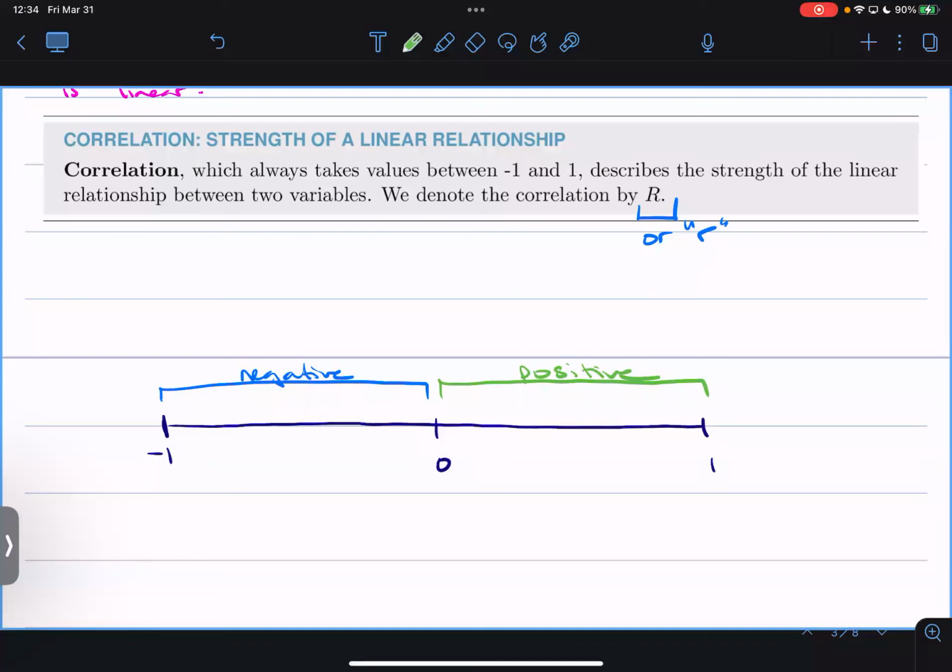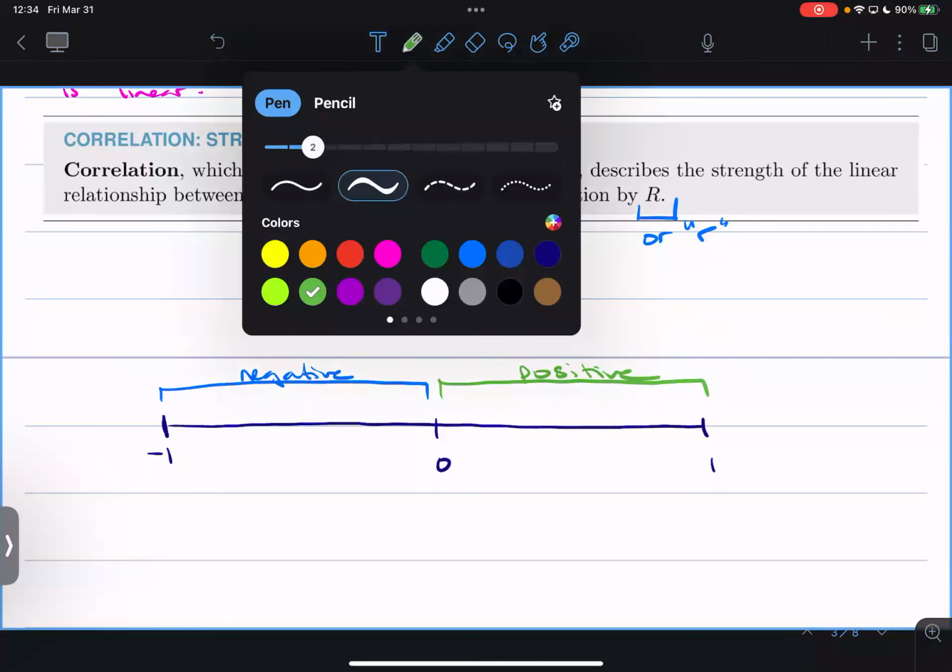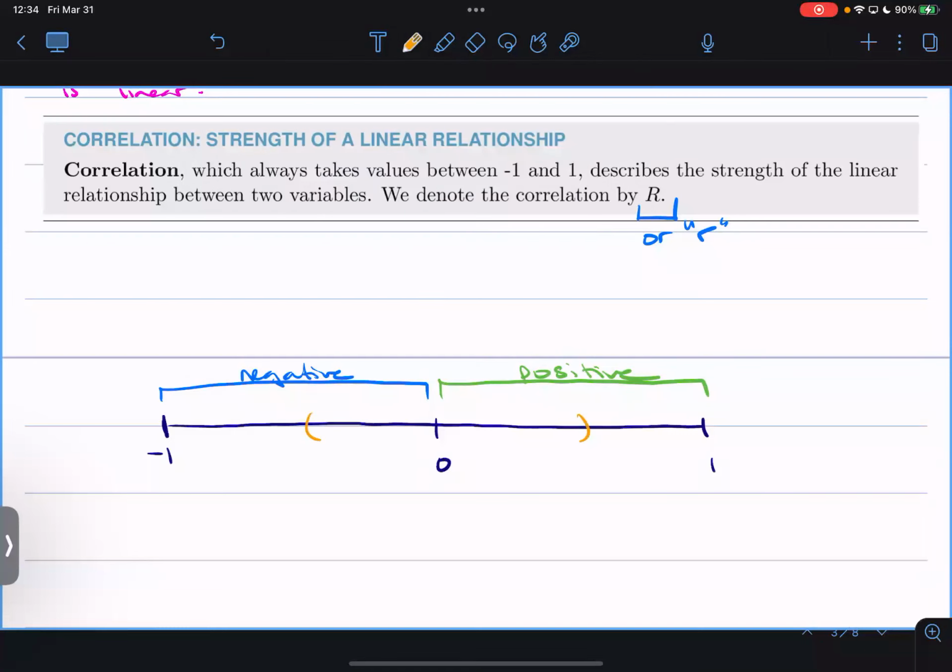If it's negative, you have a negative relationship. And somewhere around 0, you have a weak relationship. And then as you move out towards 1, you get a strong relationship.